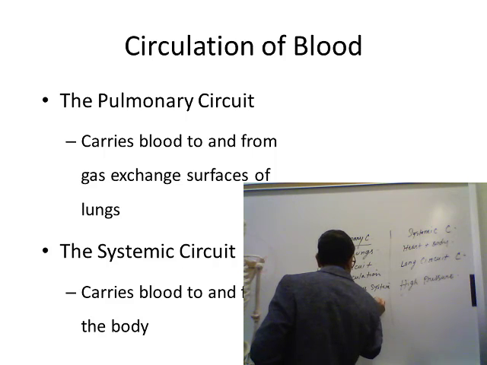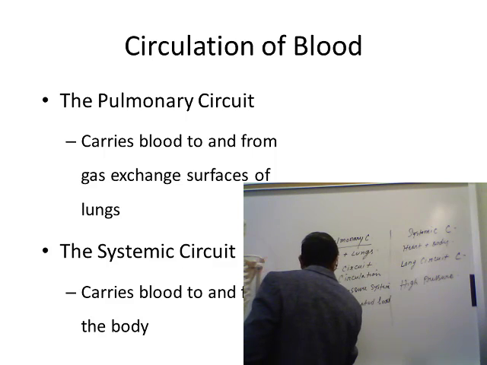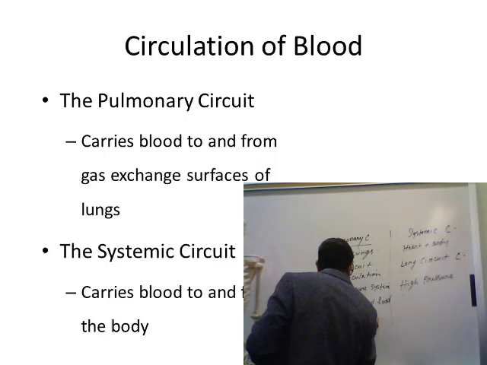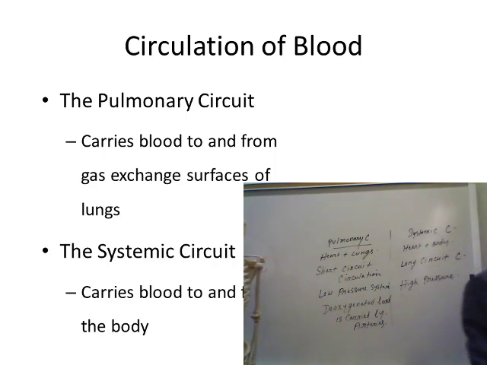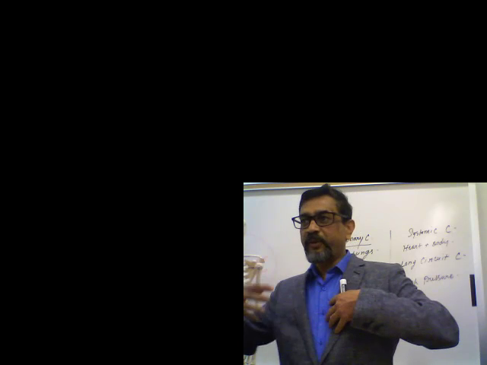And one thing you need to know: any blood vessel that takes the blood away from the heart, out from the heart, that is an artery. We don't care what kind of blood. Is it clear? So the blood vessel that takes blood out from the heart, that is what? Artery. So from the heart, deoxygenated blood is taken to the lung, right? So those arteries carry deoxygenated blood in pulmonary circulation.